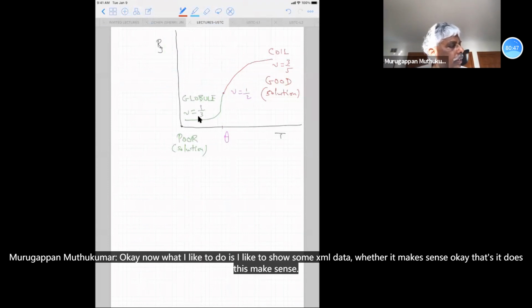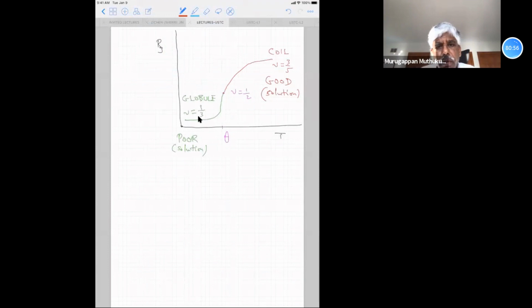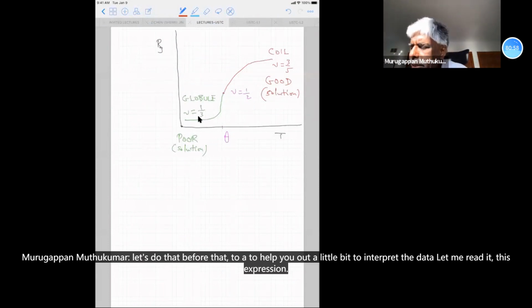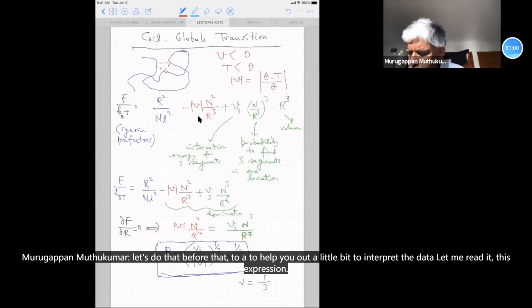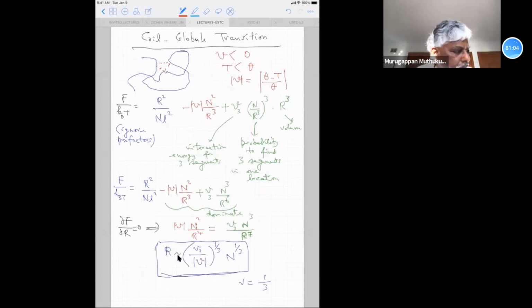Now what I'd like to do is show some experimental data, to see whether it makes sense. Before that, to help you interpret the experimental data, let me rewrite this expression.